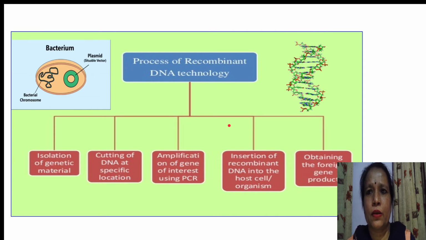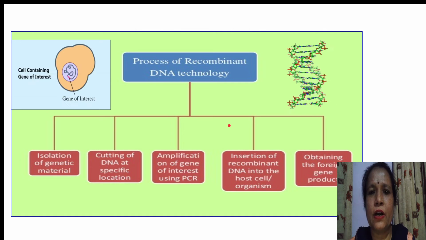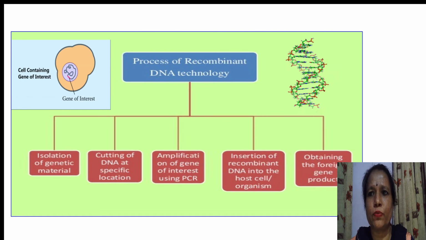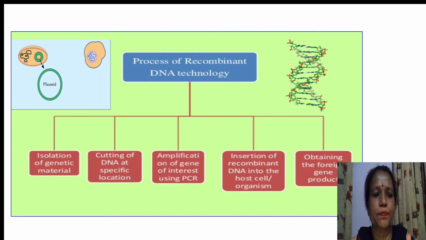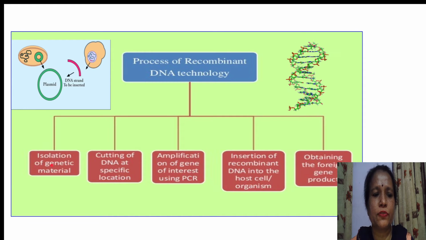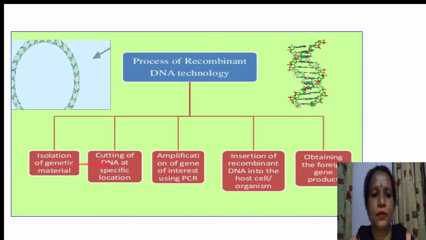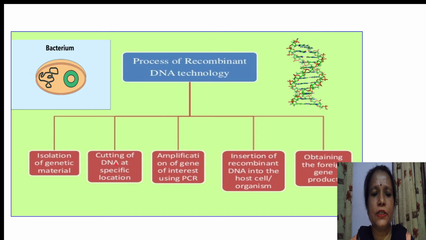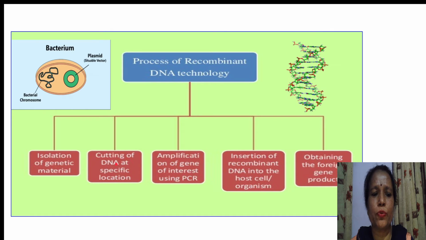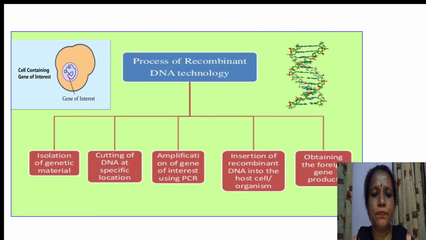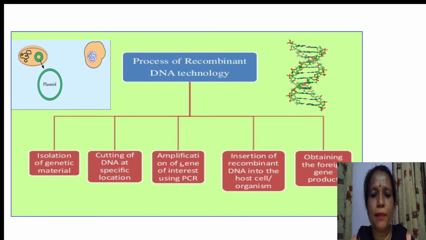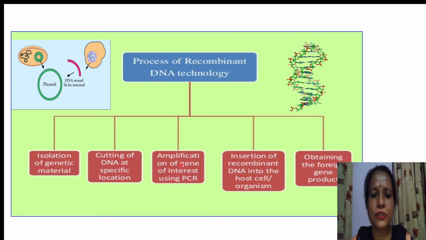Now, we have already studied how recombinant DNA is formed, and let us discuss the steps. First is isolation of the genetic material, then cutting of the DNA at specific locations using restriction enzymes, then amplification of the gene of interest.